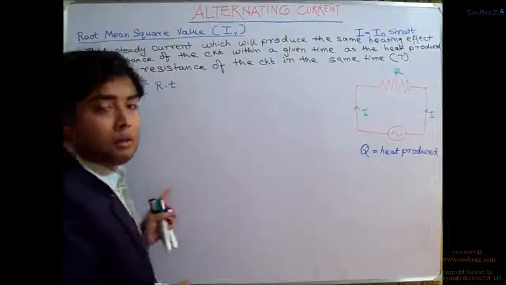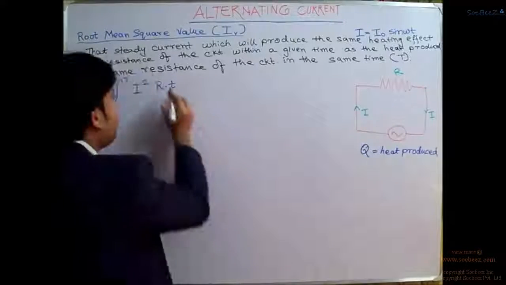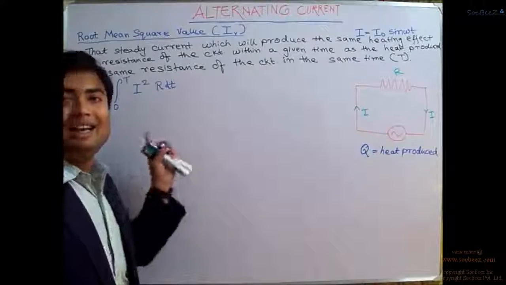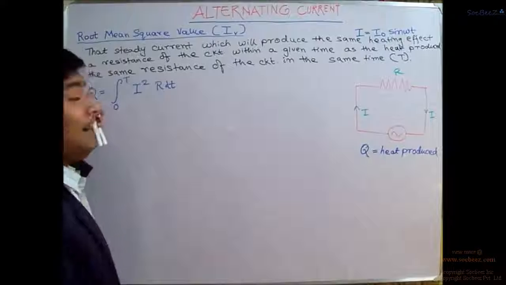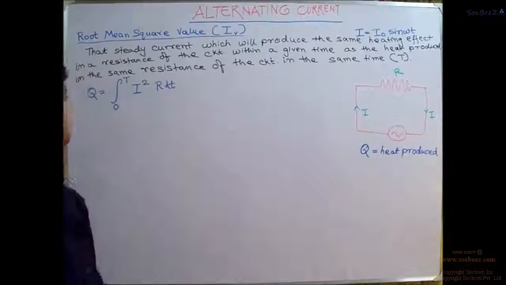This will be for a small time interval, so this will be dt, as we are integrating over time from 0 to capital T.